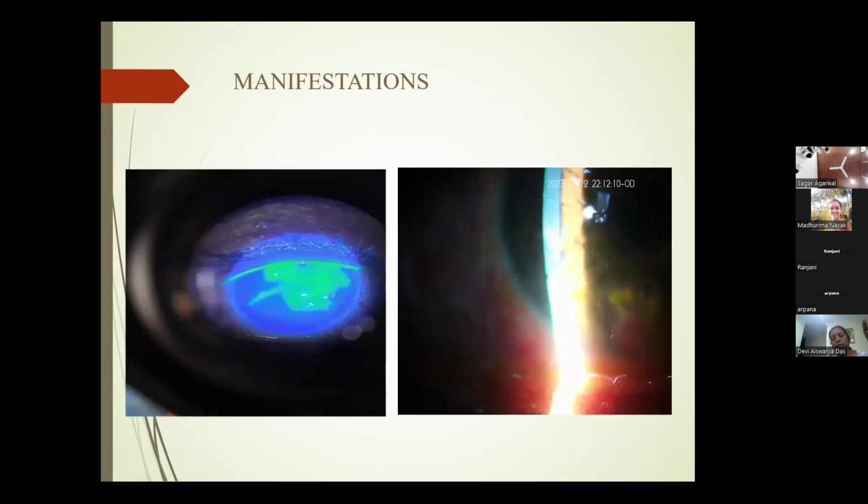Here on the left side, you have a breakdown of the epithelium, like a geographic pattern. And on the right side, I could not get a proper picture, but what I wanted to show you is marginal keratitis. So HSV marginal keratitis also we must be aware of.